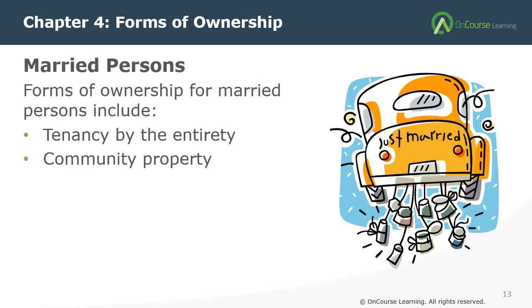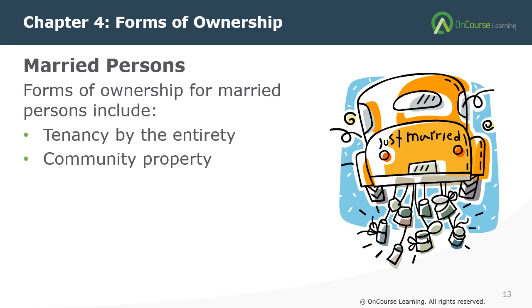There is no disposable interest during the lifetime of the spouse, and in the event of a divorce, spouses become tenants in common. On the other hand, community property is joint ownership of property by spouses, and each is treated as an equal partner.